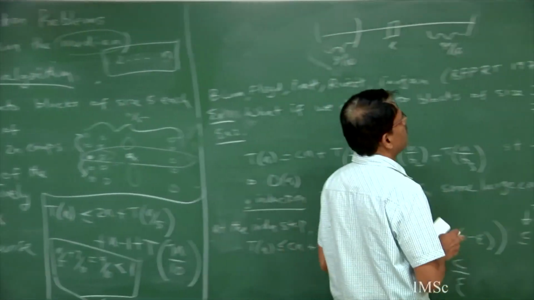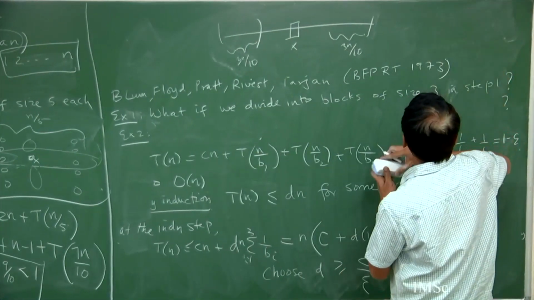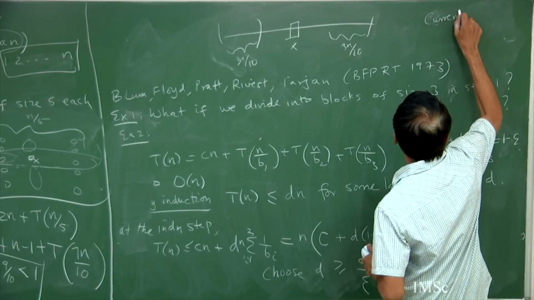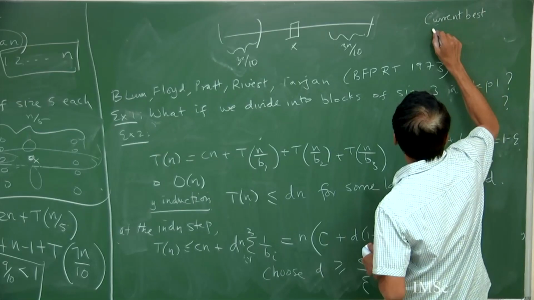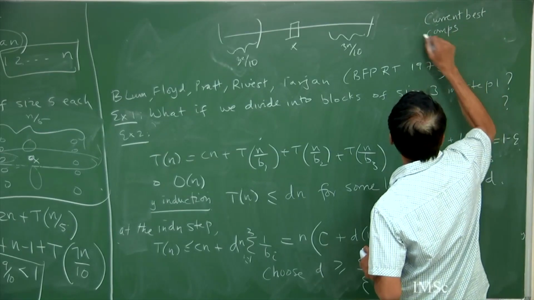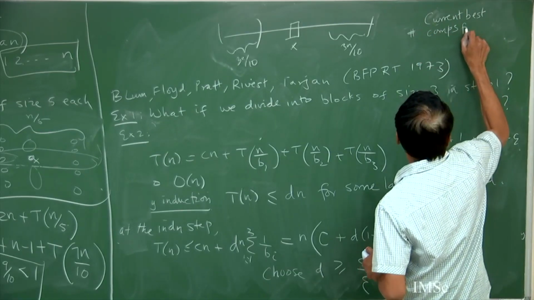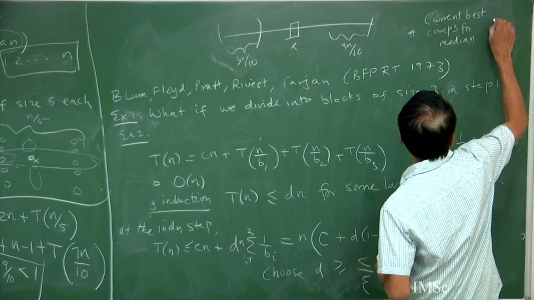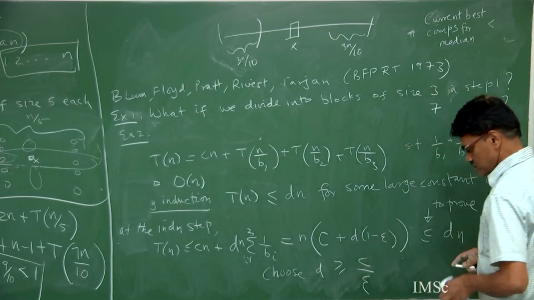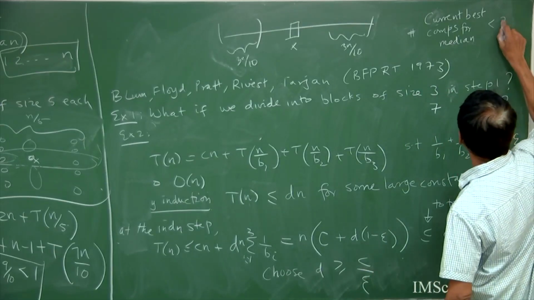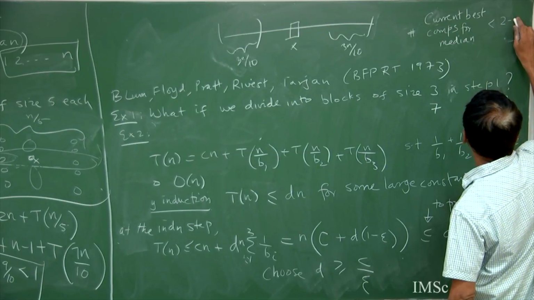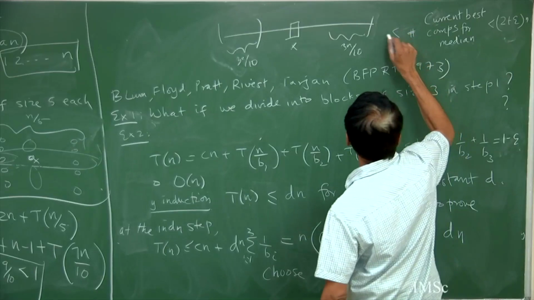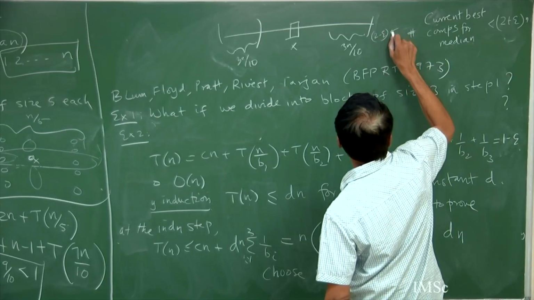Currently, the best known number of comparisons is 2 plus epsilon times n, and the lower bound stands at 2 minus epsilon times n or something.